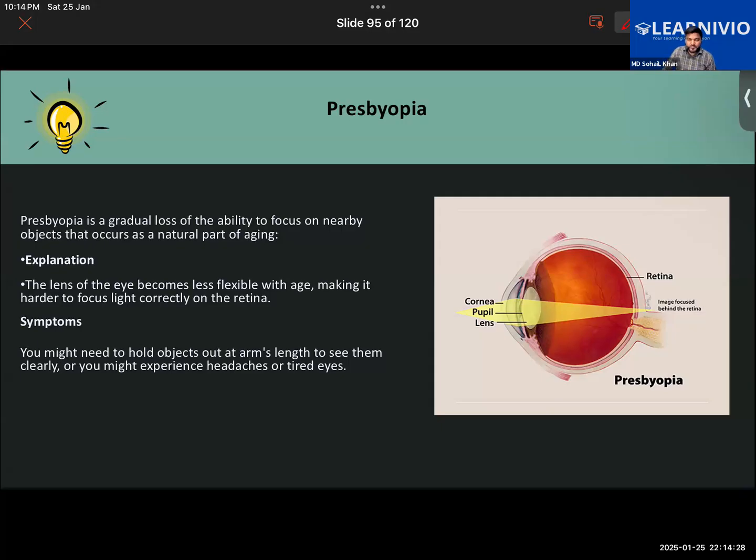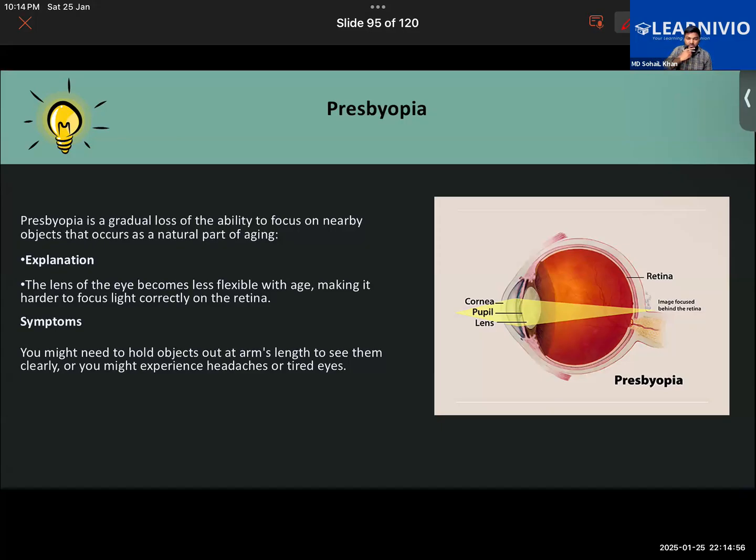Okay. See, the main thing that we see here is that in both cases, when the person looks at nearby objects, it gives a blurry vision. Now in the case of hypermetropia, also called farsightedness, the person has a very clear vision of objects that are kept far away.